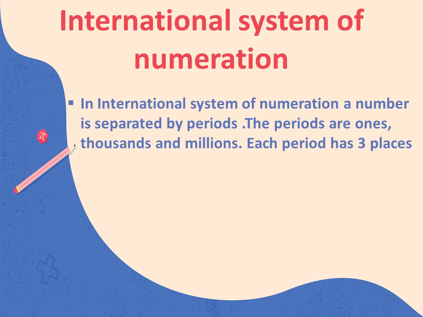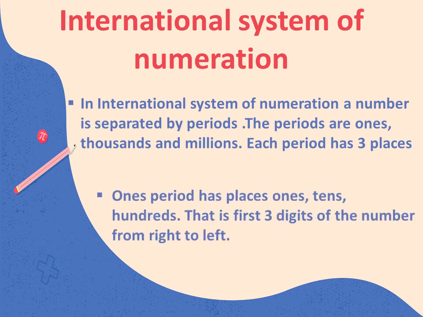Let's see what the places are. Ones period has places ones, tens, hundreds. That is the first 3 digits of the number from right to left.